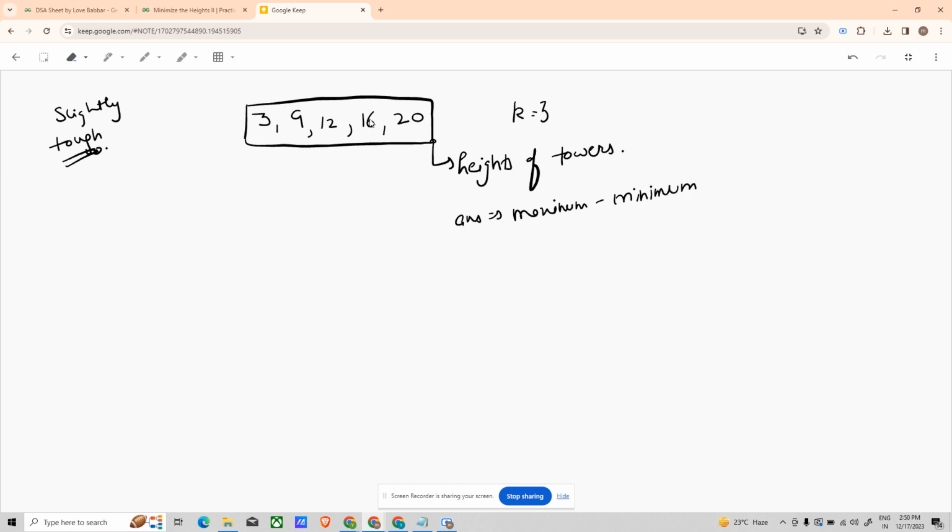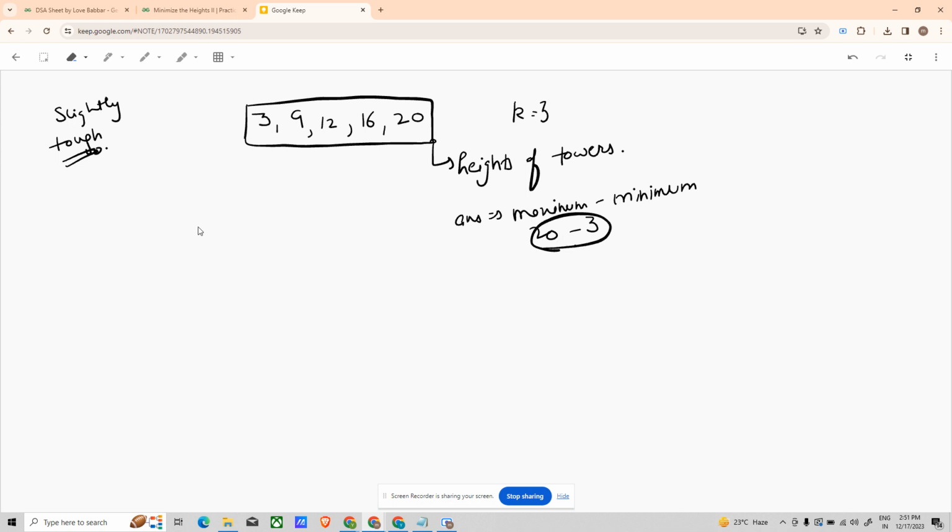The maximum present in this array is 20, and the minimum present in the array is 3. Answer in the sense that we have to report the minimum difference between the maximum height, that is 20, and the minimum height, that is 3.